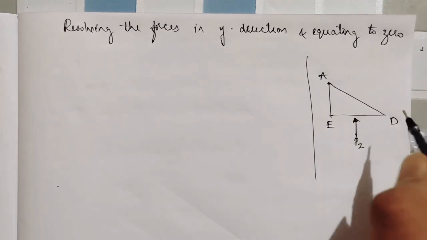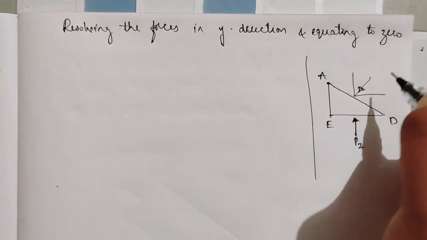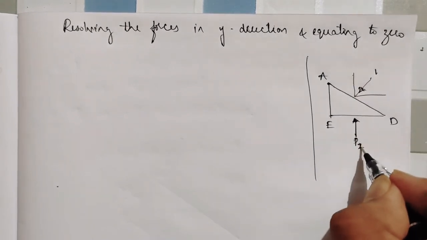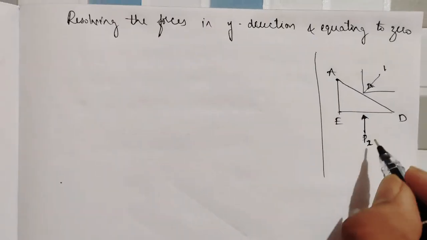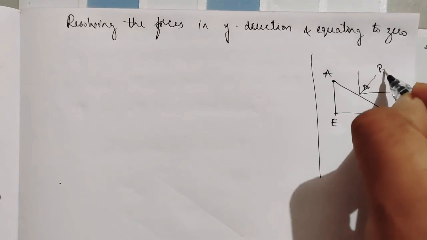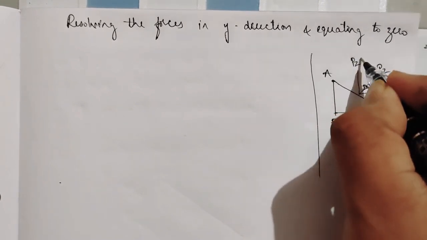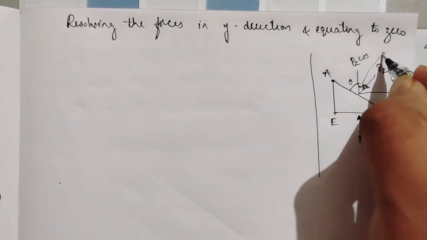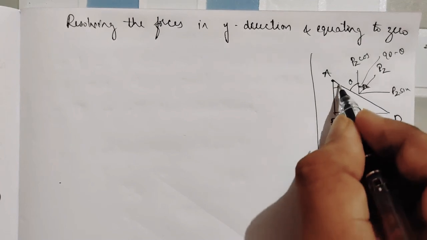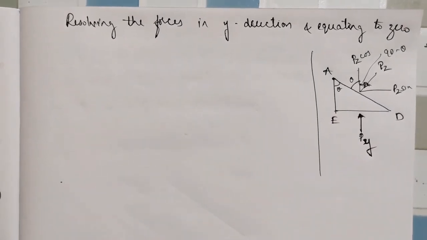This is pz, and this is py. This is pz sine term, pz cos term. Theta is here, and this is 90 degree minus theta. I am writing it beforehand so as not to confuse you, or else I have to turn the page again.